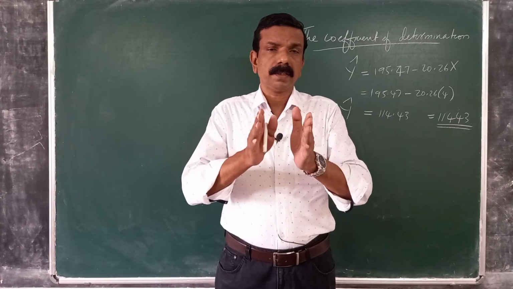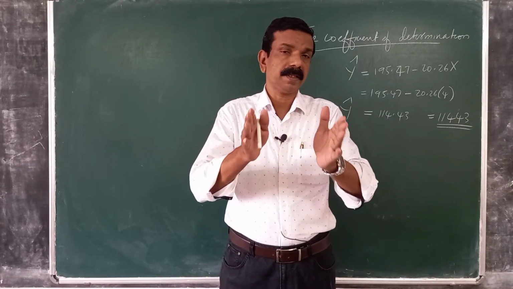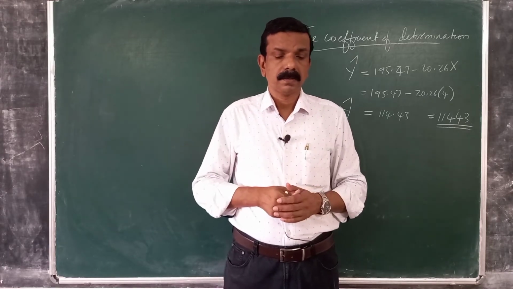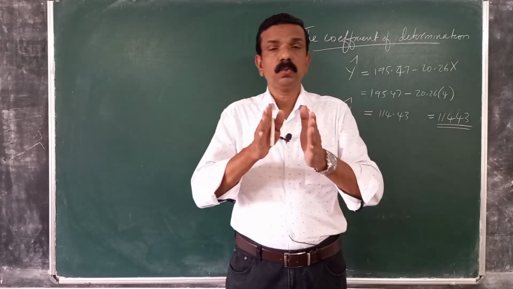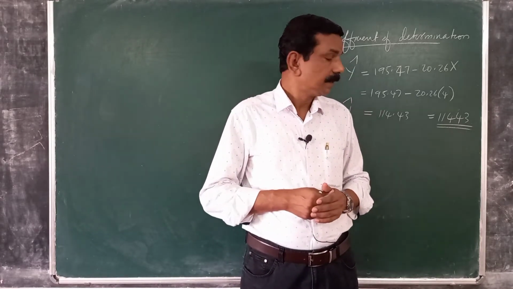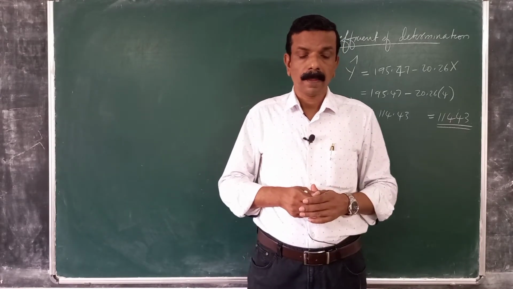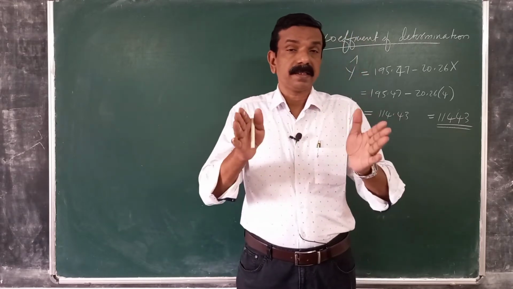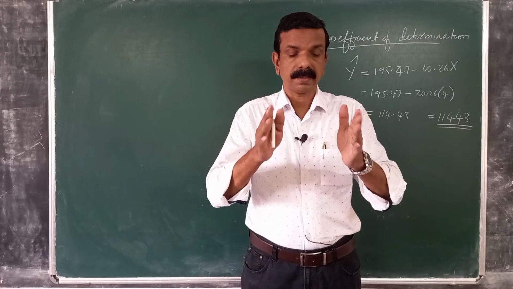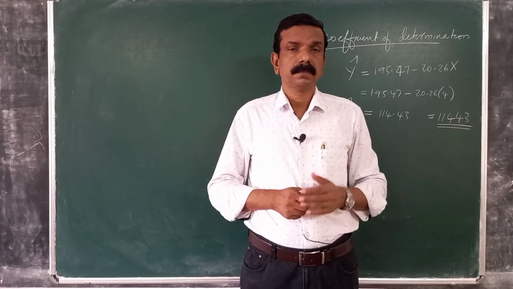Now, in order to find out this percentage, that is the percentage of the variation in y explained by x, we define two measures of variation. One is the total variation in the observed values of the response variable, the dependent variable.